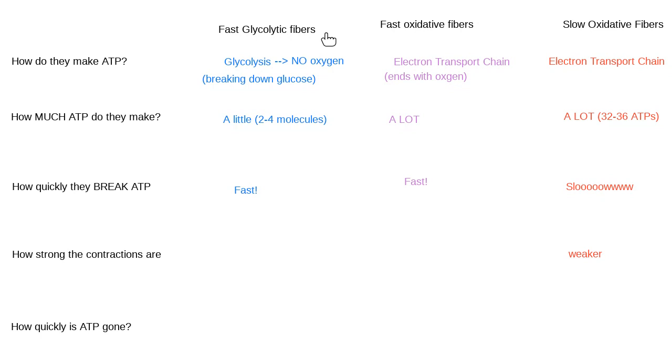These are going to be my two types of strong fibers. The ones that are the strongest are the ones that can make ATP the fastest. Was it glycolytic or oxidative that we said can make ATP really fast? Who can make it quickly?